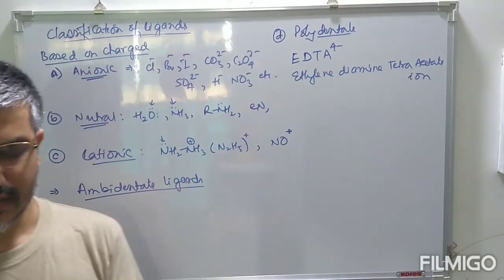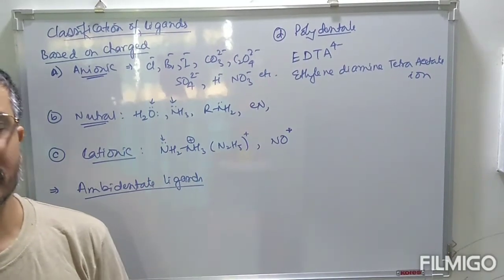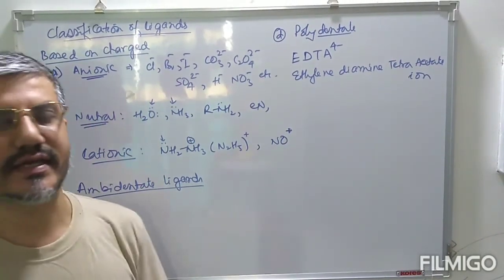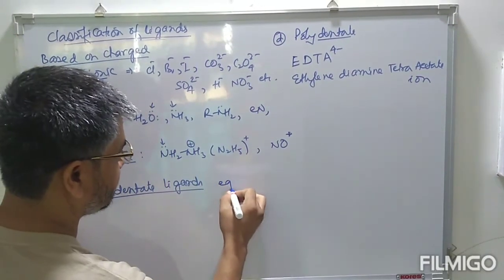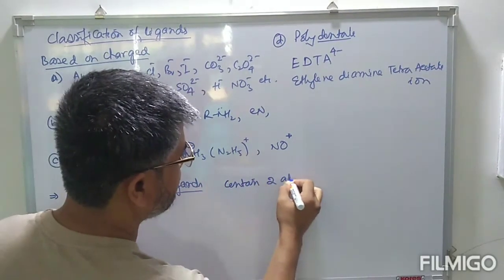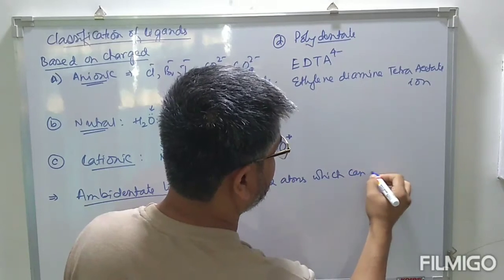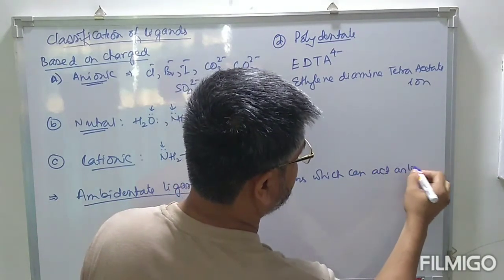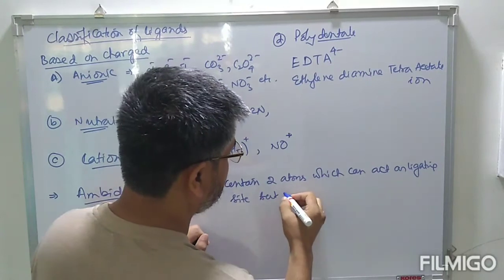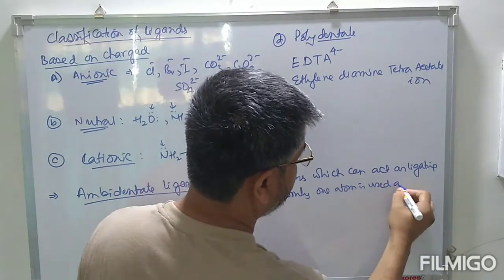So I repeat, these ligands contain two atoms which can act as a ligating site, but while forming a chemical bond, only one atom is used at a time. So this is ambidentate.